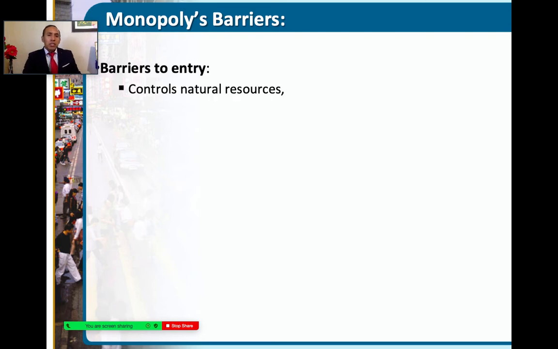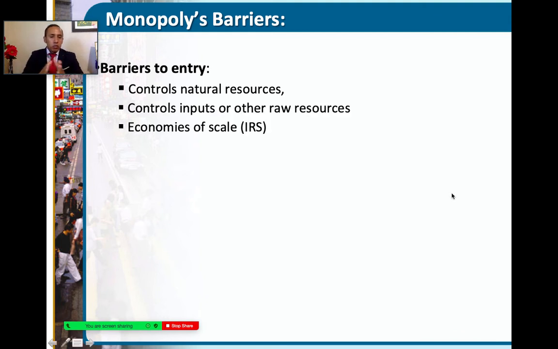In monopoly conditions, the industry, which is controlled by one single firm or primarily one firm, has what are called barriers to entry. These barriers to entry consist of limiting other firms from entering the industry by controlling natural resources, controlling the inputs of production, the raw materials, the raw minerals to produce a particular good.